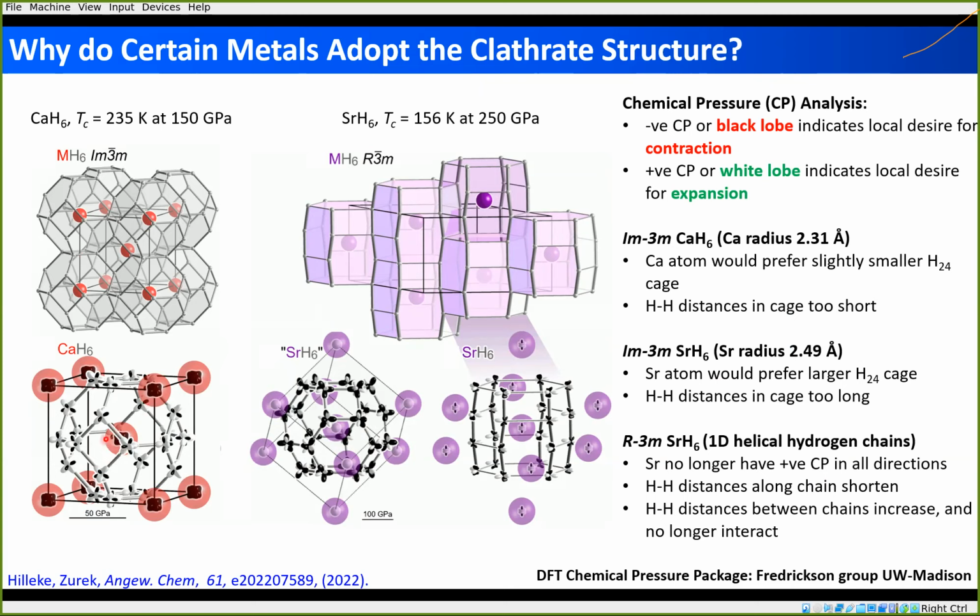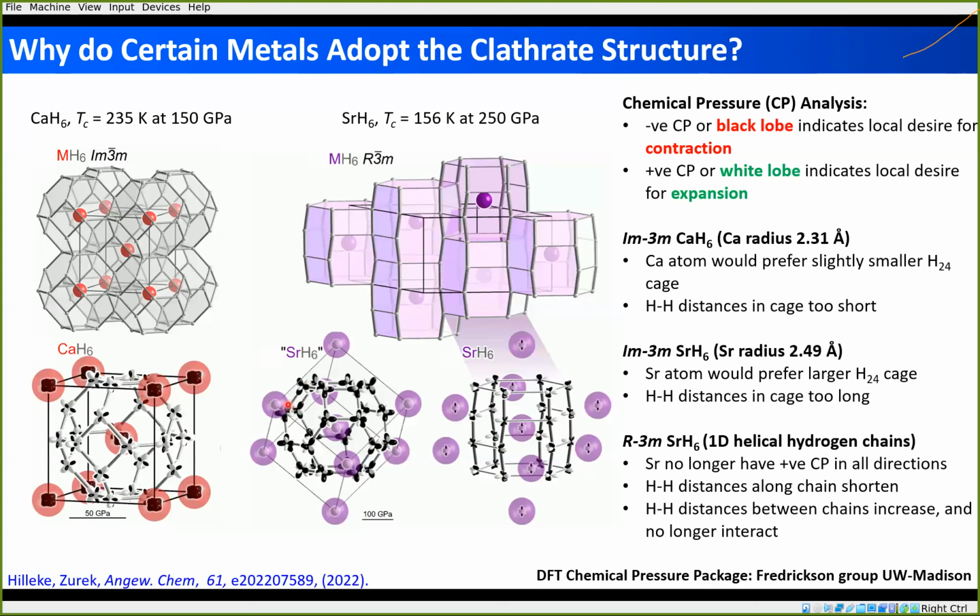That around the calcium, we see a black lobe telling us that the hydrogen cage would like to contract a little bit more around the calcium, but there is a balancing pressure, the white lobes of the hydrogens pointing against each other, showing that this cage cannot contract more due to the repulsion between the hydrogen atoms.